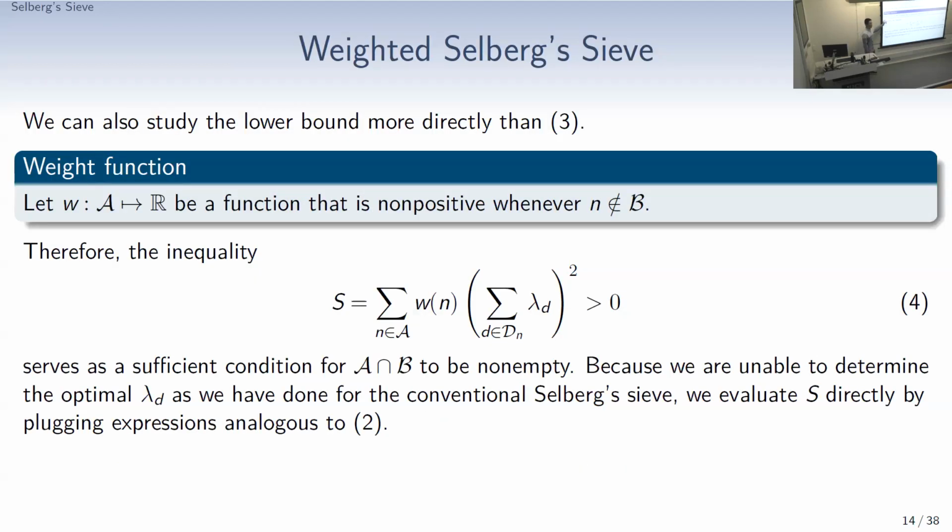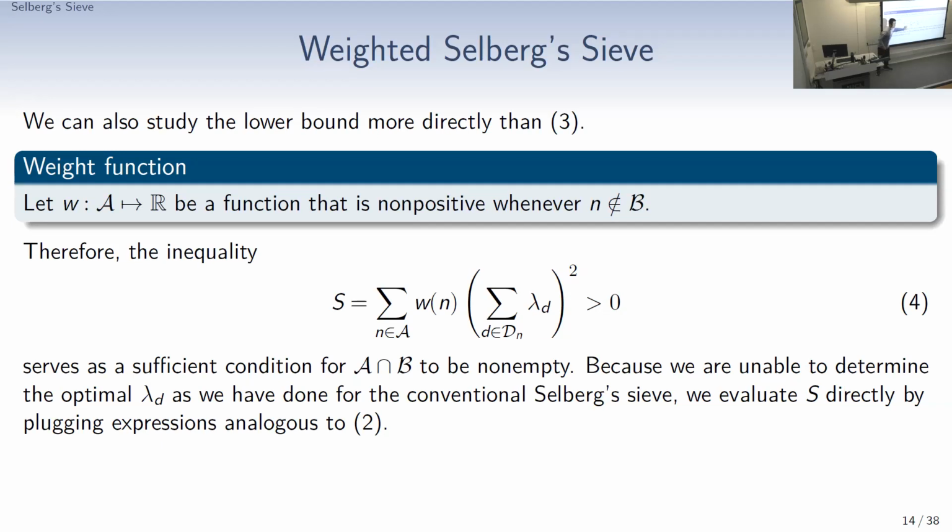So we define a weight function. This weight function maps elements of the set A we defined before to real numbers. And we force this function to be non-positive when the element of A is not an element of B. And then we consider this summation, because the square term doesn't change the sign of the summand.